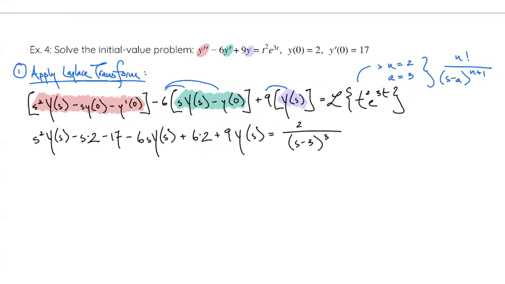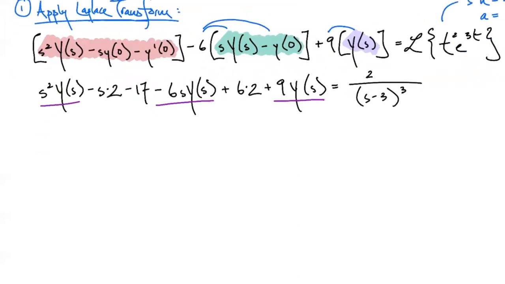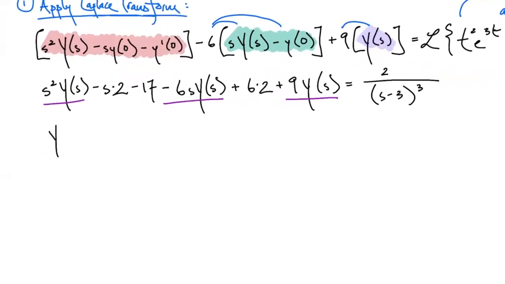But once we've applied those initial conditions, we can now collect our Y of s's, right? So this term has a Y of s, this term has a Y of s, this one has a Y of s. And so we have Y of s times s squared minus 6s plus 9.